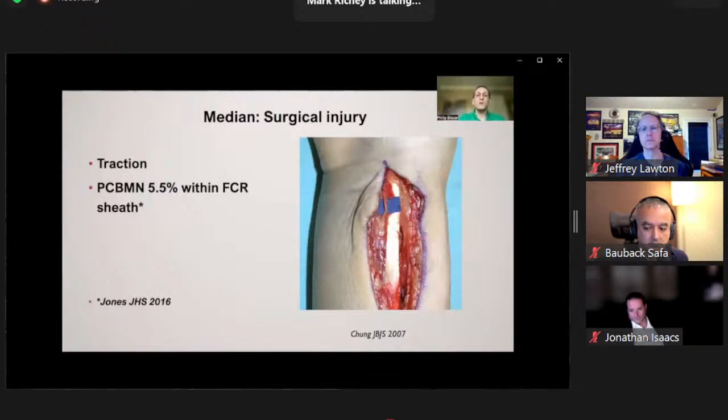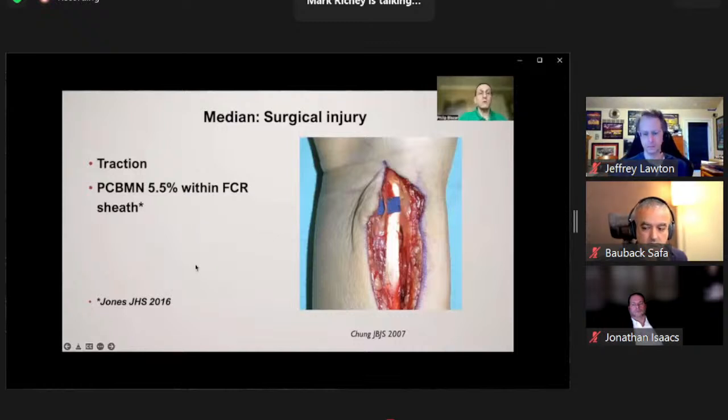In terms of direct surgical injury to the median nerve, fortunately, this is actually quite uncommon. The median nerve seems to tolerate traction and manipulation surgically quite well. One exception to this is the palmar cutaneous branch of the median nerve, which Chung et al. highlighted here, following it right next to the FCR tendon.